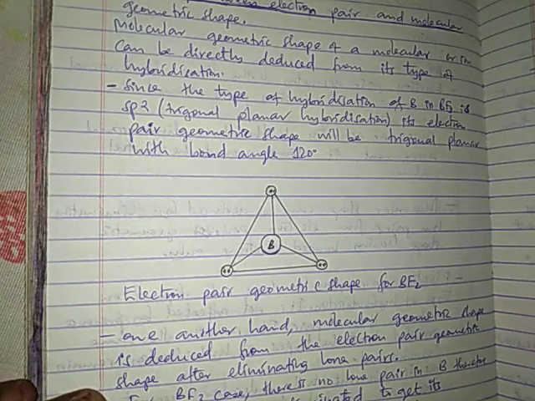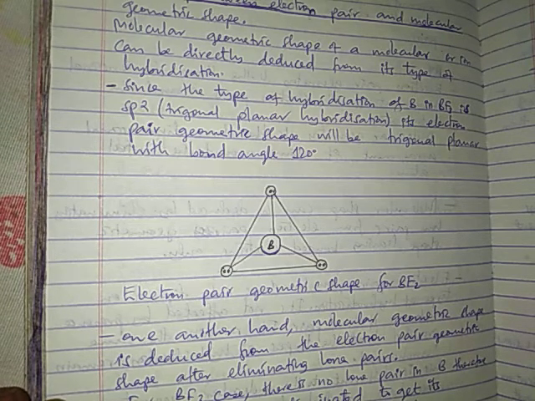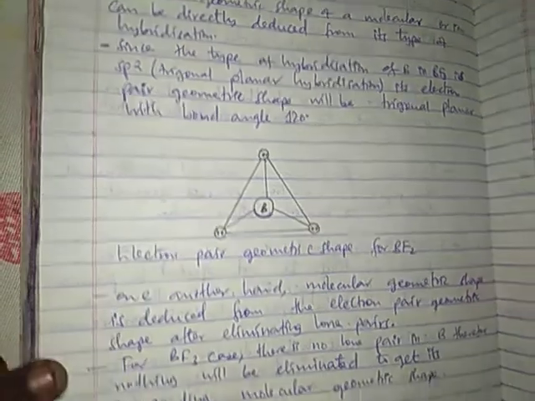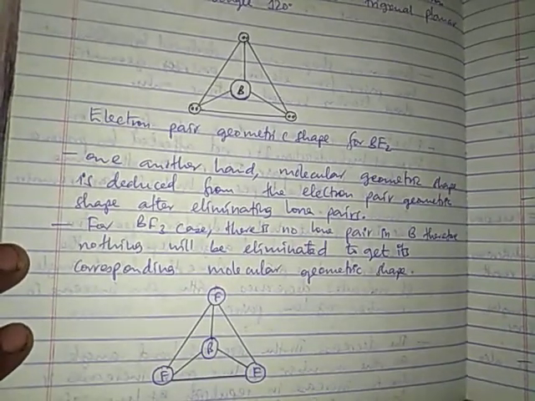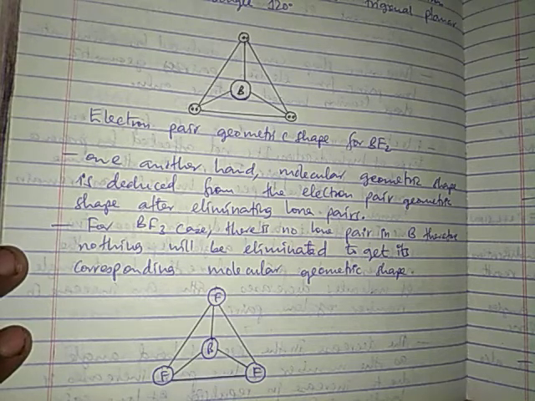Now, on the other hand, molecular geometric shape is deduced from the electron pair geometric shape after eliminating lone pairs. In the boron fluoride case, there is no lone pair on boron, so nothing will be eliminated to get its corresponding molecular geometric shape.